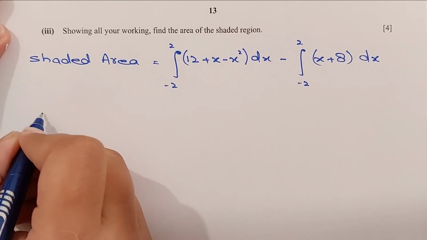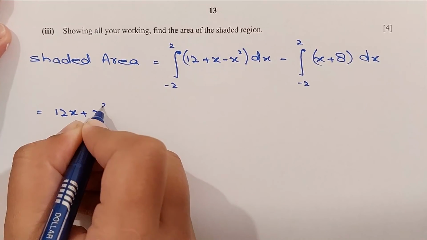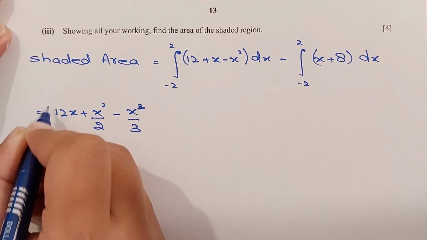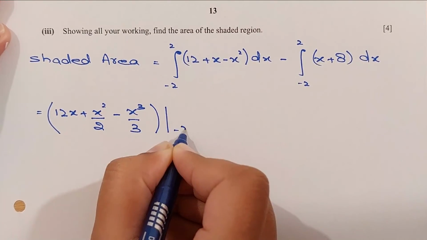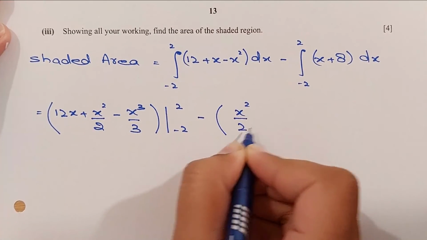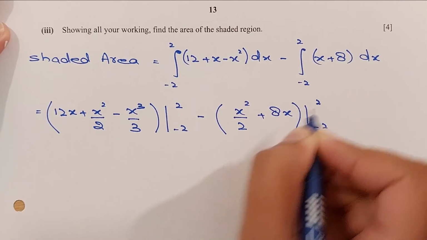From part B, we already did the integration of this, that is 12x plus x square divided by 2 minus x cube divided by 3. We have to put the upper and the lower limit, -2 to 2. Subtract its integration, x square by 2 plus 8x between -2 to +2.